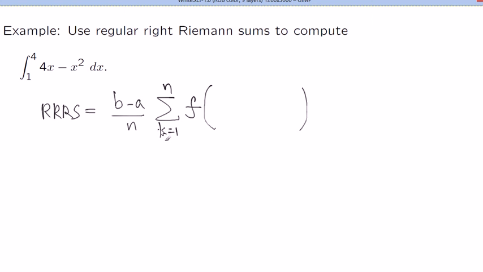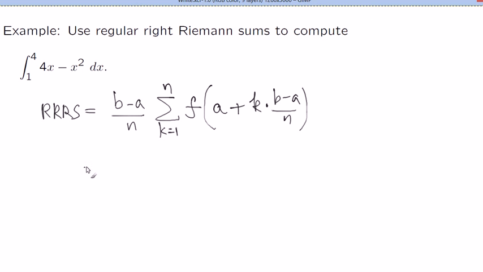What does x_k look like? What's the formula? You started from a, plus how many times you go to the right? k steps. Each time you go this amount, right? That's the formula. You write this one down every time you're asked to compute a regular or right Riemann sum.